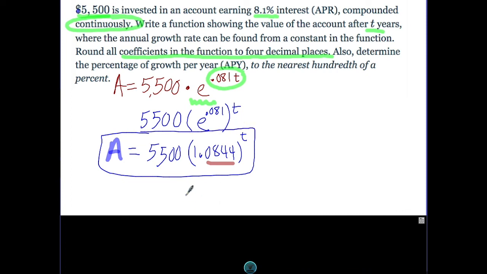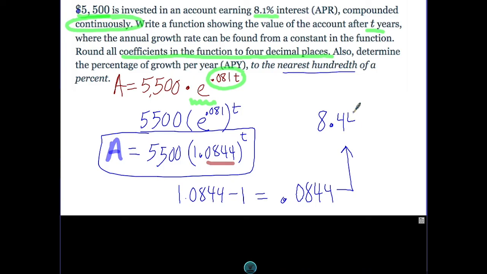Now to find what it is, remember I take this value, the base, and I subtract 1 from it. And then what I want to do here is just write it as a percentage to the nearest tenth of a percent. 8.4, is it nearest tenth? Nearest hundredth, my bad. 8.44%. There you go. Good luck.